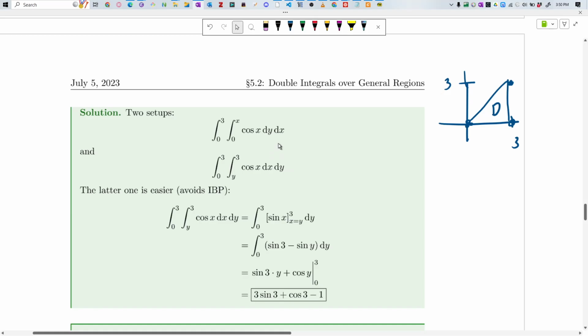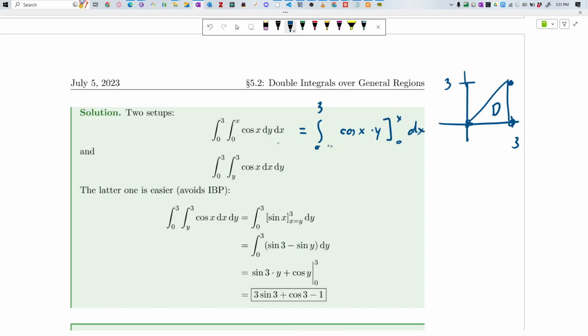So let's just see what happens if we were to use the first one. So this is rather nice, because maybe you would have initially thought to do the first one. Well, if we did it the first way, because you're integrating with respect to y, you'd get cosine x times y evaluated from 0 to x, dx.